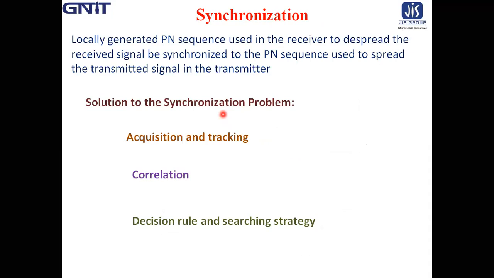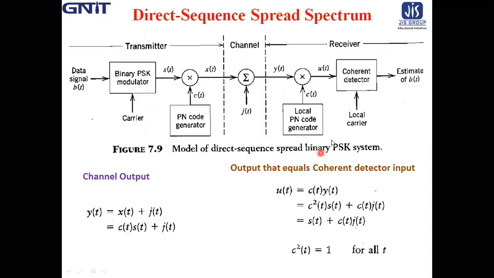For its proper operation, a spread spectrum communication system requires that the locally generated PN sequence used in the receiver, see here, used in the receiver to despread the received signal must be synchronized to the PN sequence used to spread the transmitted signal in the transmitter.